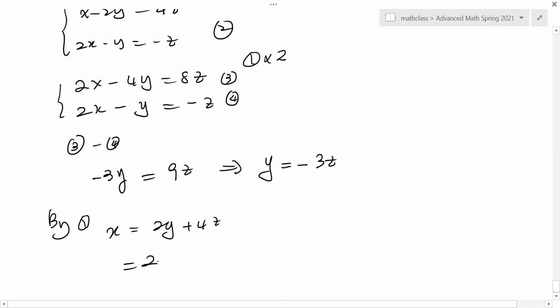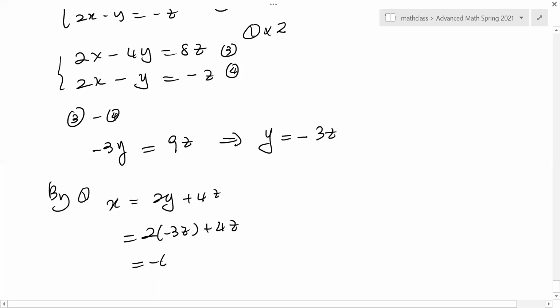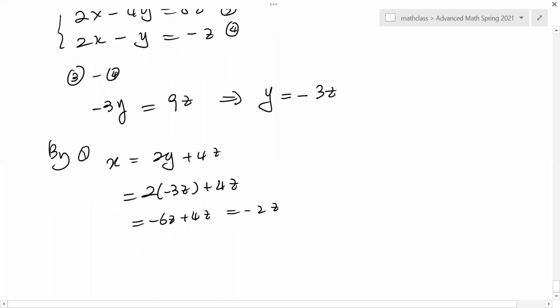So 2 times negative 3z is negative 6z, plus 4z, gives negative 2z. So you have x and y both expressed in terms of z, and then you can find the ratio. x and y equal negative 2z and negative 3z, and the answer will be 2 over 3, because z is canceled out.